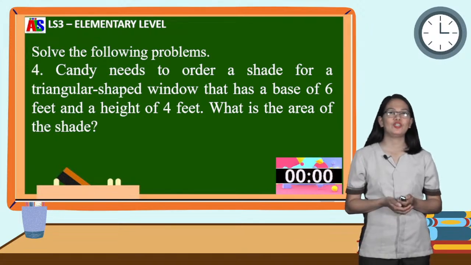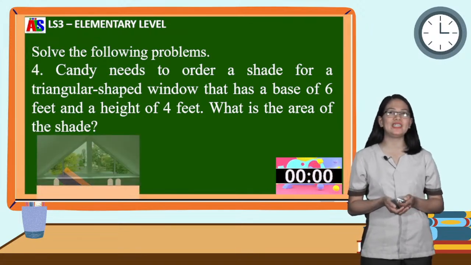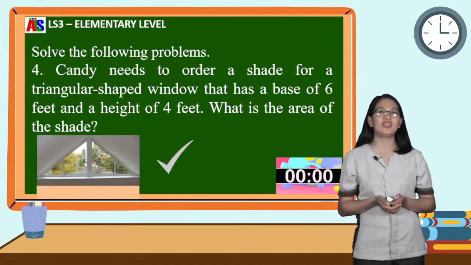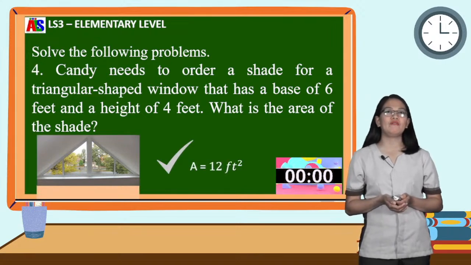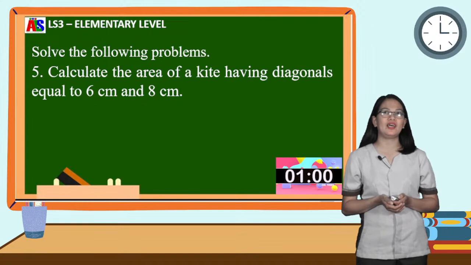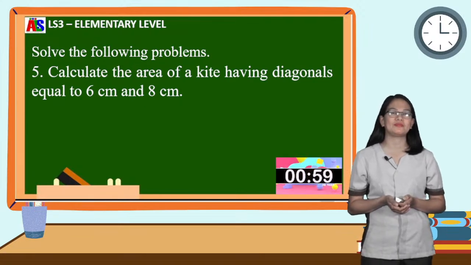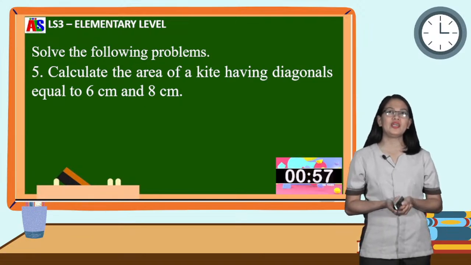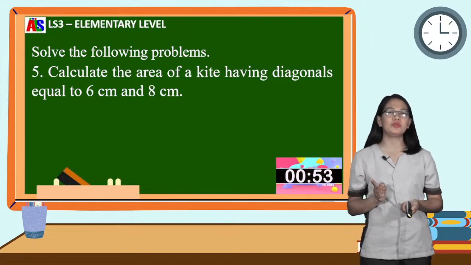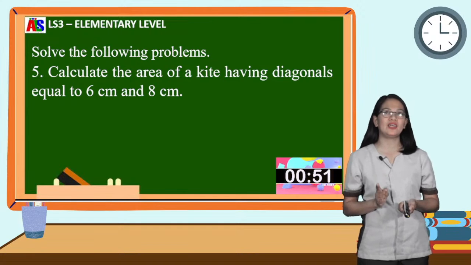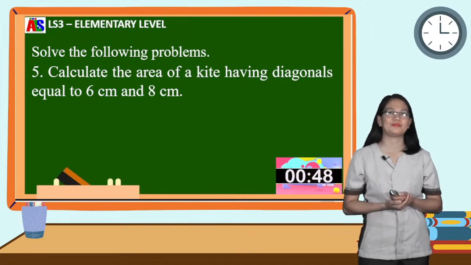Okay, so the shape of the window is a triangle and the area is 12 square feet. Last item. Calculate the area of the kite having diagonals equal to 6 centimeters and 8 centimeters.